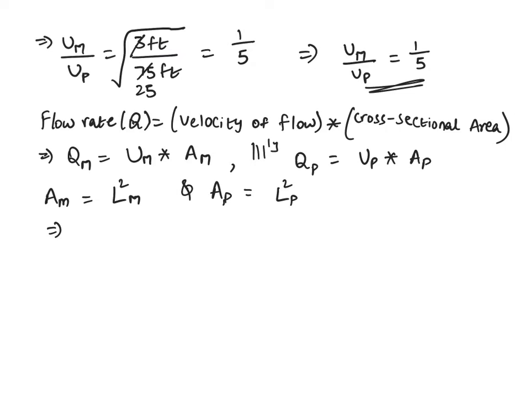which implies the ratio of flow rate of model to flow rate of prototype would be equal to velocity of model by velocity of prototype times area of model by area of prototype.